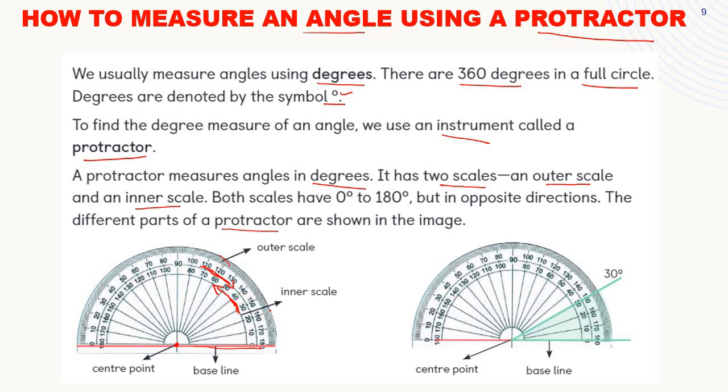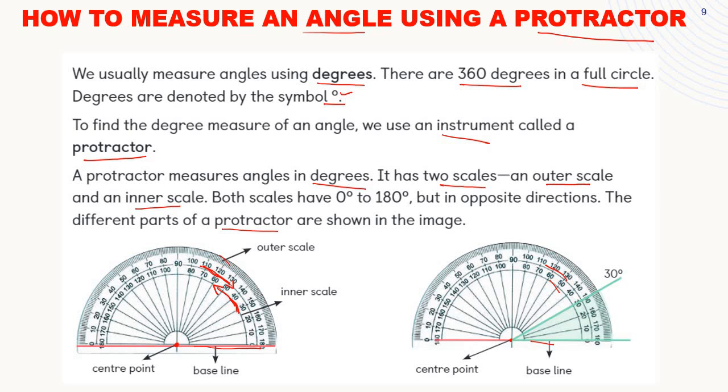We measure the angle using this tool and this is called a protractor. We see this tool in a geometry box. The inner scale and outer scale are in opposite directions with 0 to 180 degrees.